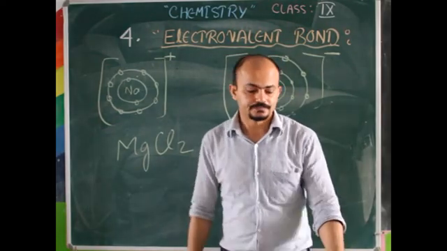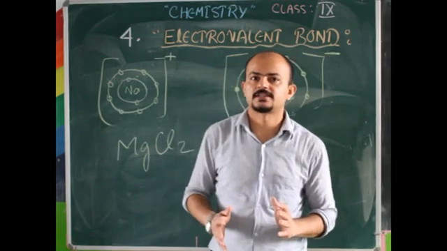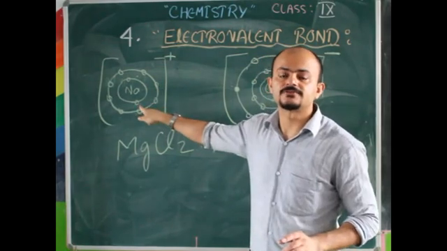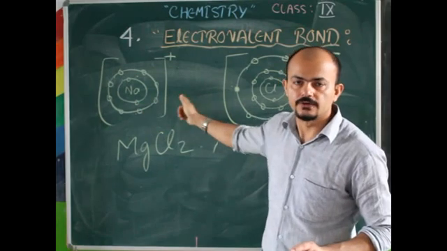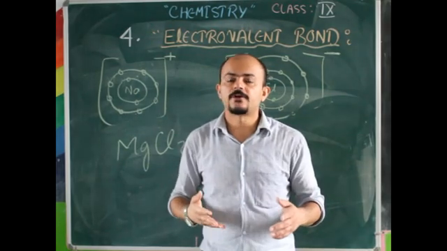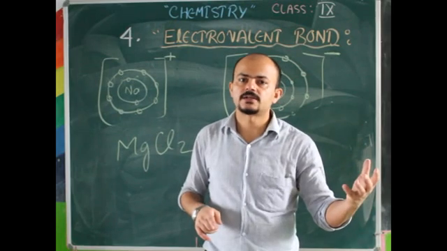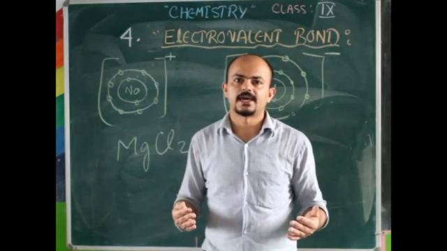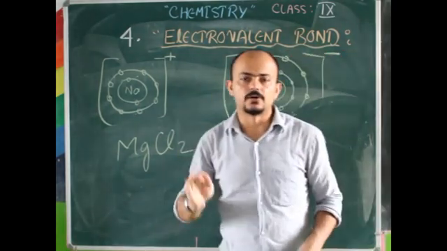From this example, we come to know that electrovalent bonds are those bonds which are formed by transfer of electron, as it happened in the case of sodium. 1 electron was transferred from sodium to chlorine. Therefore, electrovalent bonds are those bonds formed by transfer of electron from one atom, that is metal, to non-metal. And this gives rise to electrovalent bond or ionic bond.